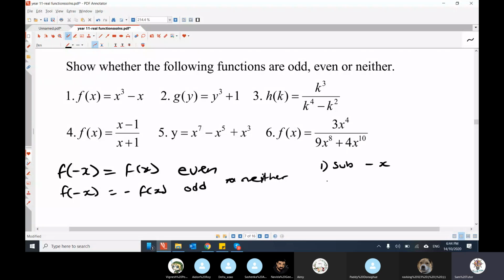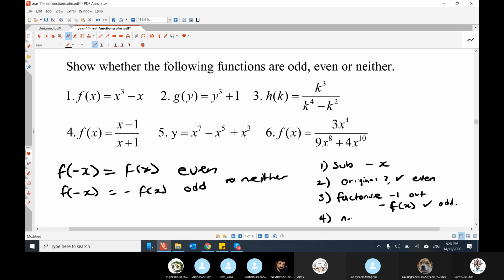Step 2, original? If yes, even. If not, you go to step 3: factorize negative 1 out. If negative of the original, then yes, odd. And if not, neither.